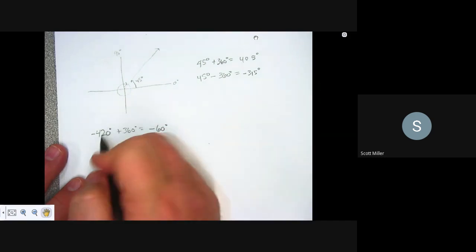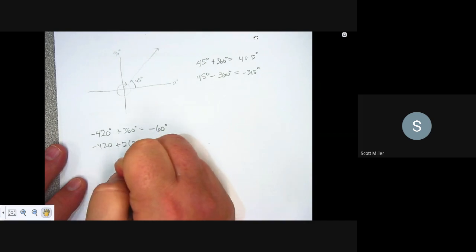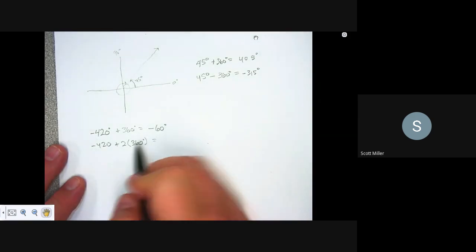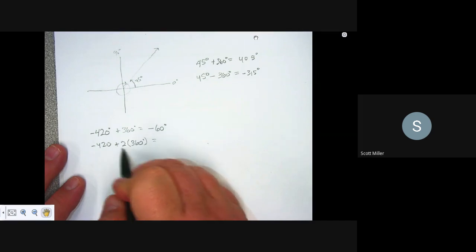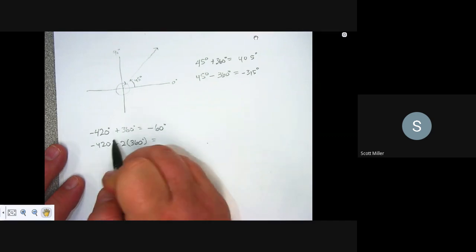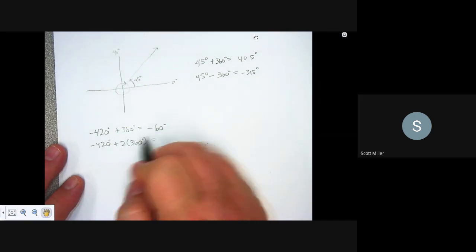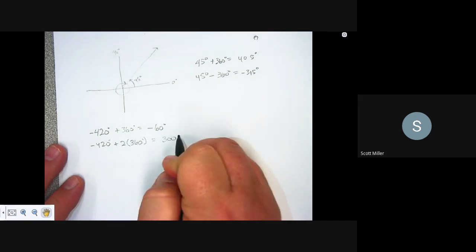So all I have to do is simply add 2 times around the circle. So just go around the circle one more time. So this right here is 720. If I add 720 to negative 420 degrees, I'm going to end up with 300.